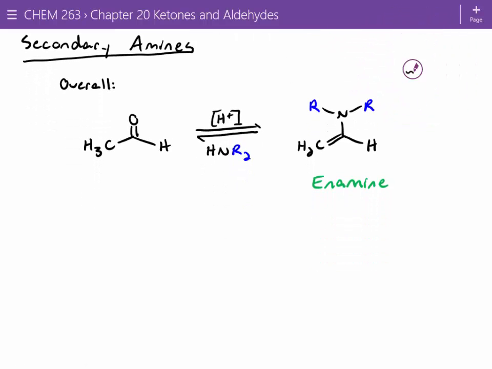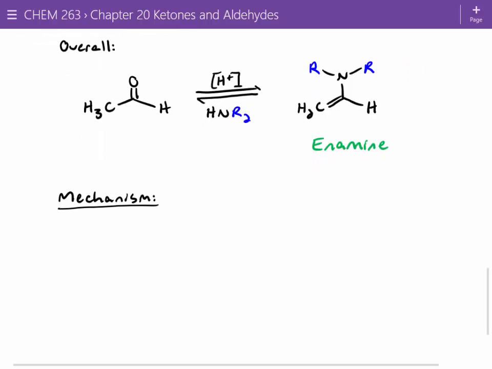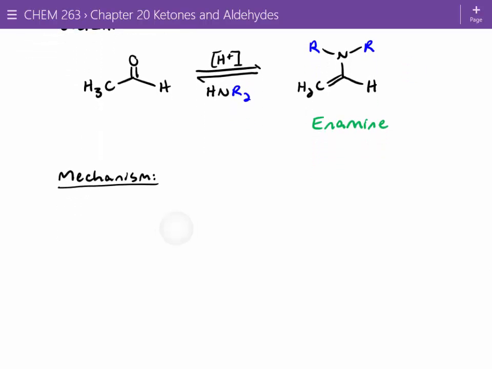Let's do the mechanism for this. So the first step in all of these reactions is going to be protonation of our aldehyde or ketone.